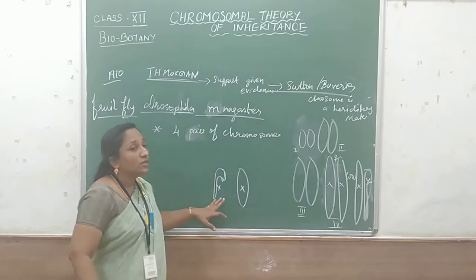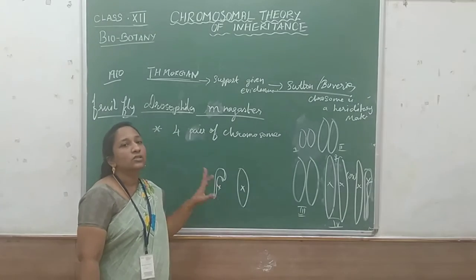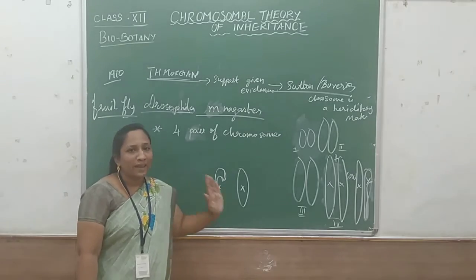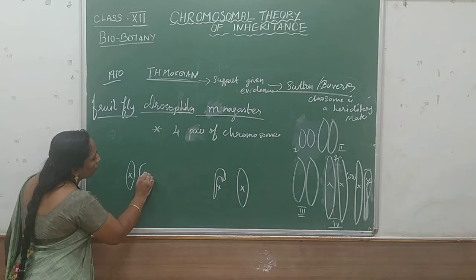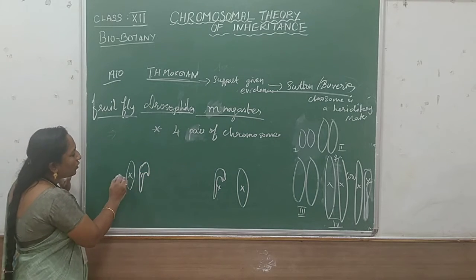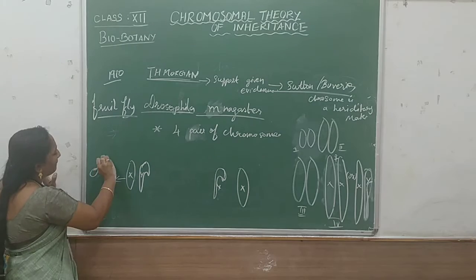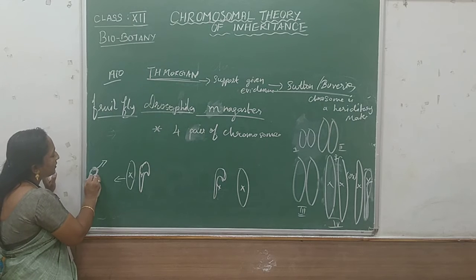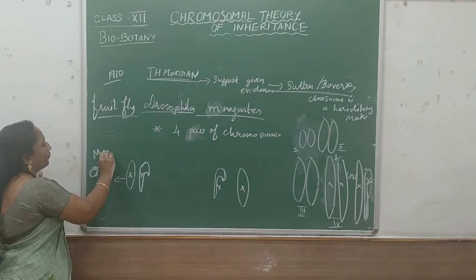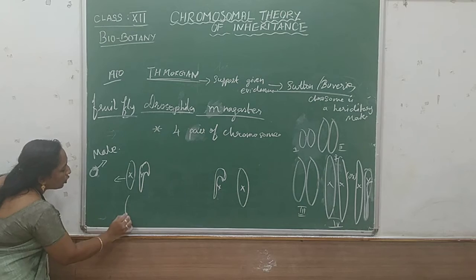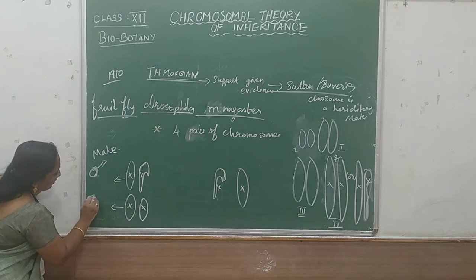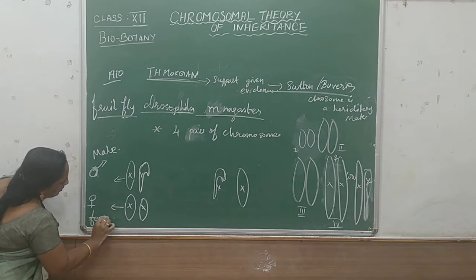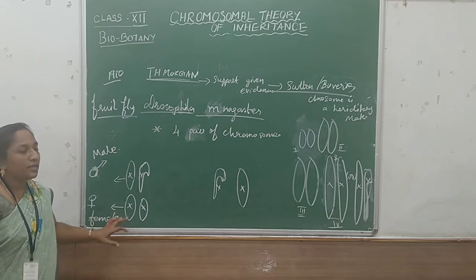If the sex is male, it will have X and Y chromosomes. This is the symbol which shows the male. And if it is both X, then it is female. Understood, children?